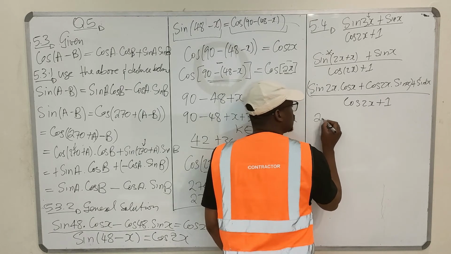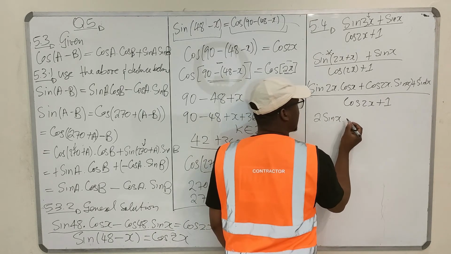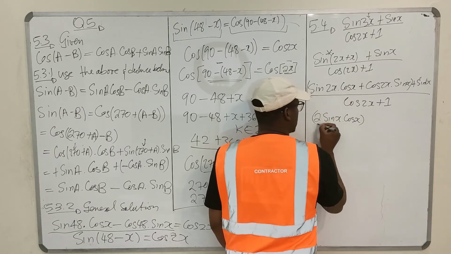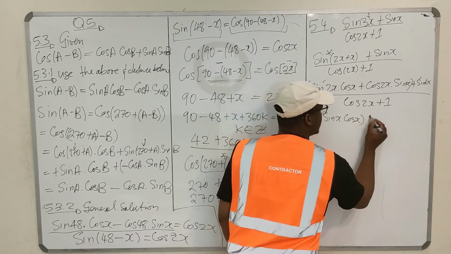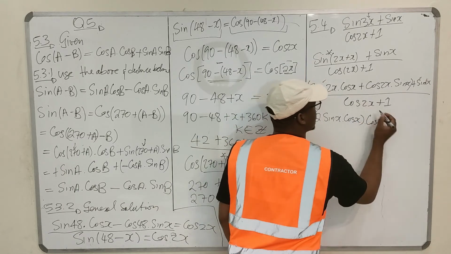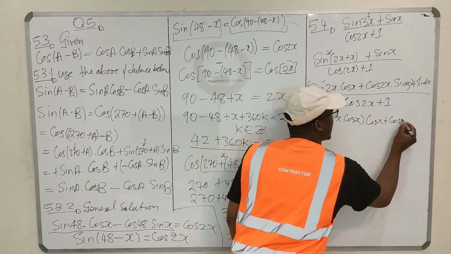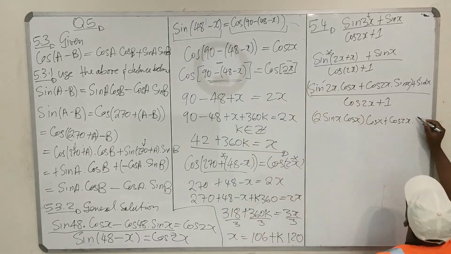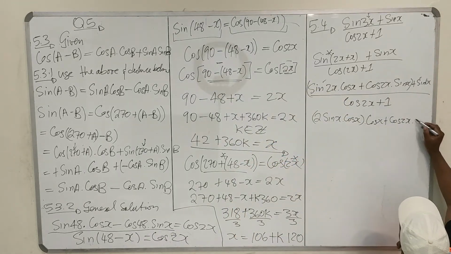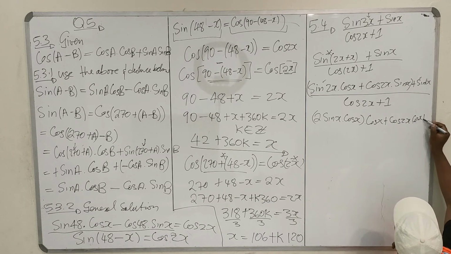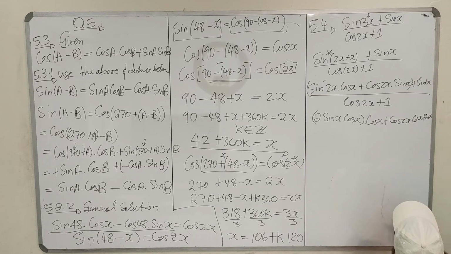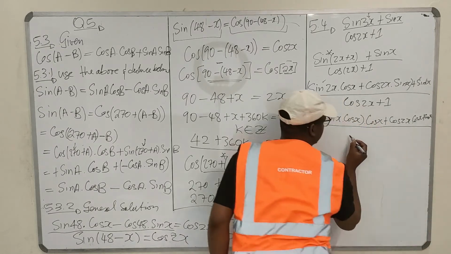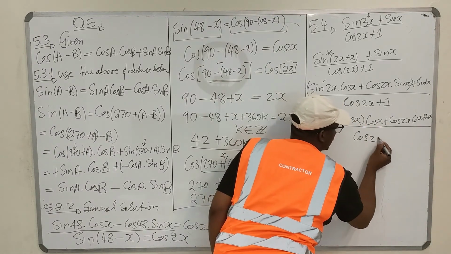We get 2 sine x cos x from this part here, times cos x, plus cos 2x, which is this, cos x plus sine x, all divided by cos 2x.